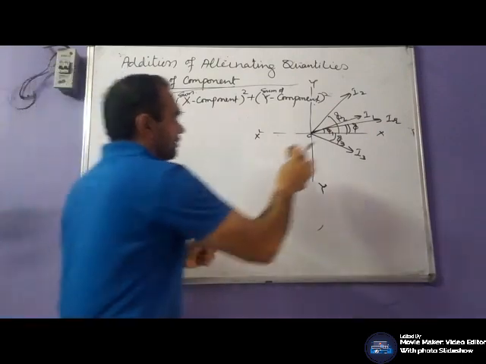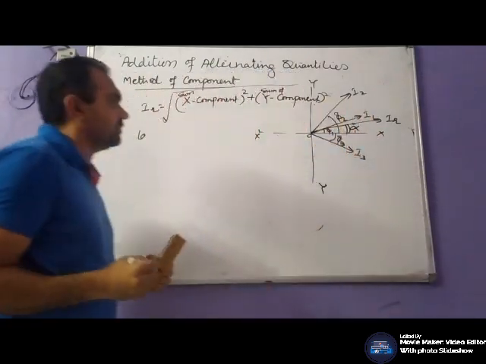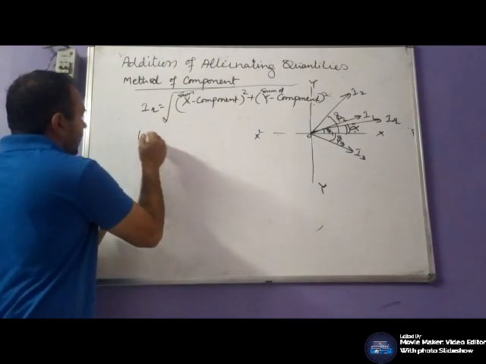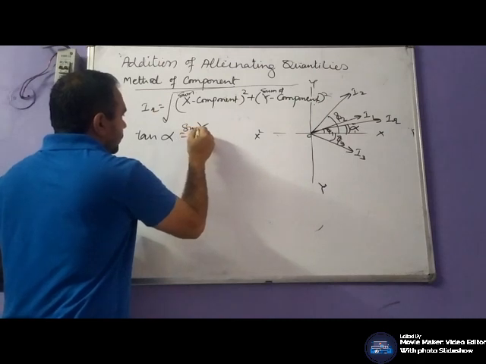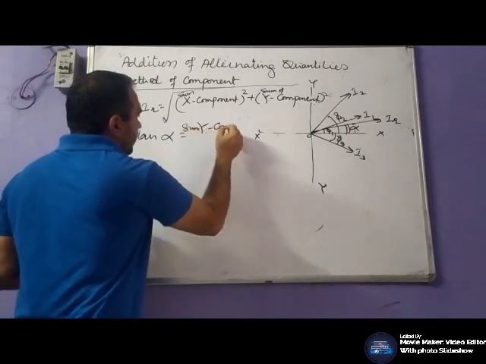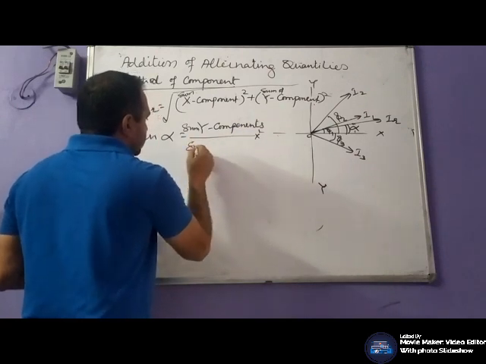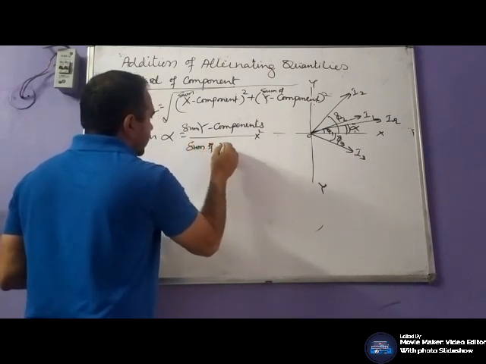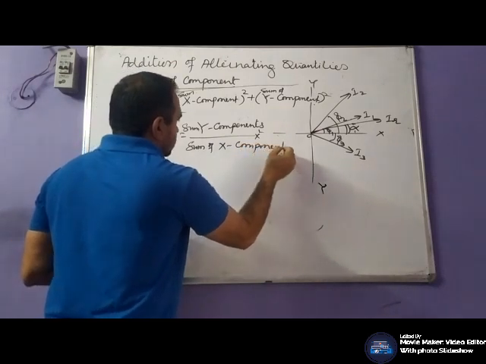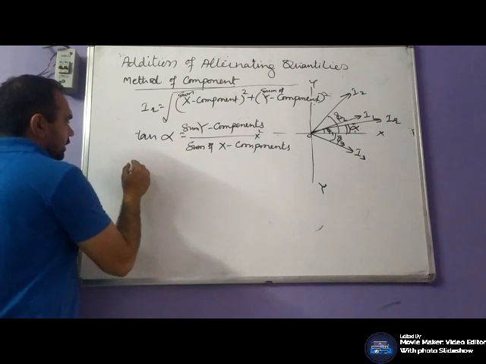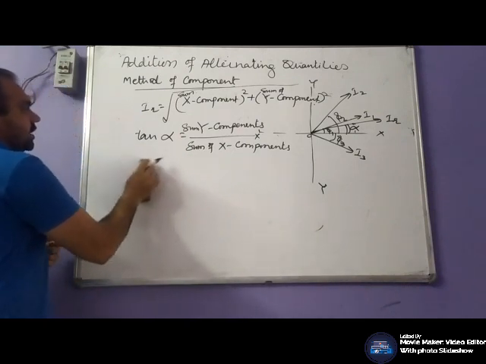Or, as in the last case, we have considered this alpha. Let it be alpha. So what is tangent alpha? Sum of y components divided by sum of horizontal components. X means horizontal component, y means vertical component.